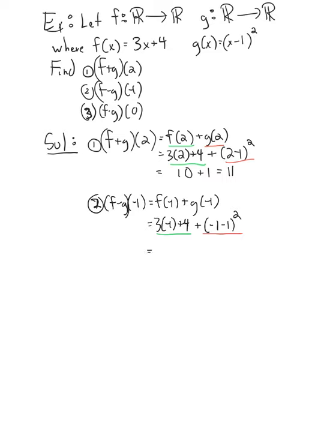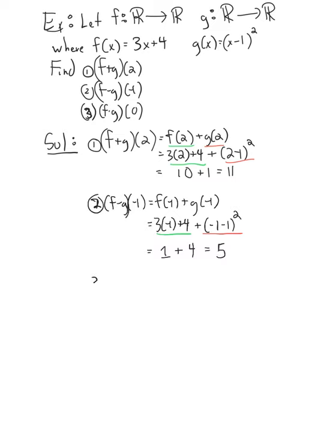And 3 times minus 1 is minus 3. Minus 3 plus 4 is 1. Minus 1 minus 1 is minus 2. Minus 2 squared is positive 4. Minus 2 times minus 2 is positive 4. So f minus g of negative 1 is 5.